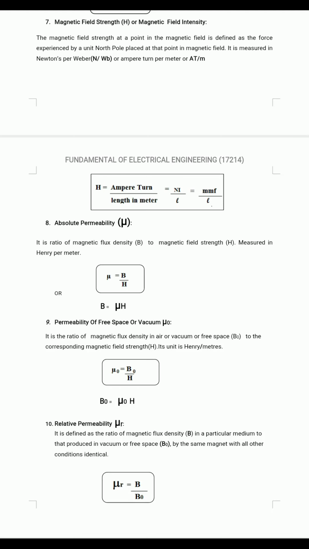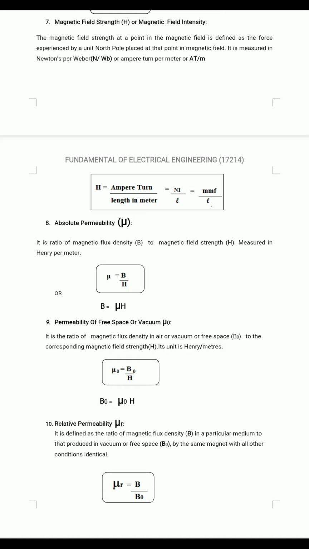As I said earlier, absolute permeability has both the permeabilities, that is permeability of free space and relative permeability. So what is meant by relative permeability? It is defined as the ratio of magnetic flux density B in a particular medium to that produced in a vacuum or free space, that is B0.